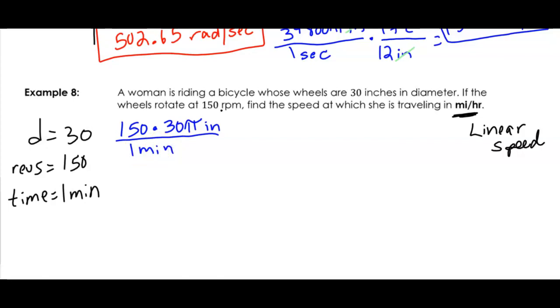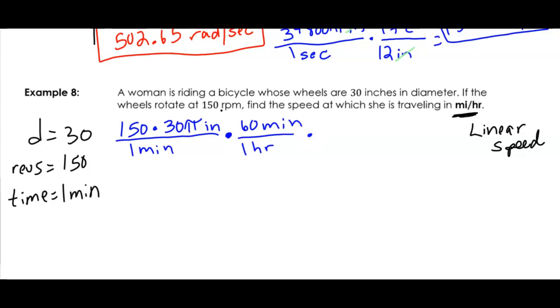And then we could just go ahead and multiply this all out, but first I'm going to make sure we go to the right units. So we need to go into miles per hour. So let's take care of our hours first. So 60 minutes, again, you want your units on opposite sides of the fraction bar, per 1 hour. That's going to take care of the time.